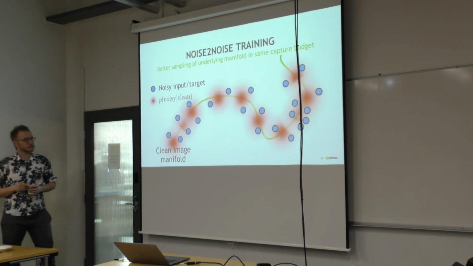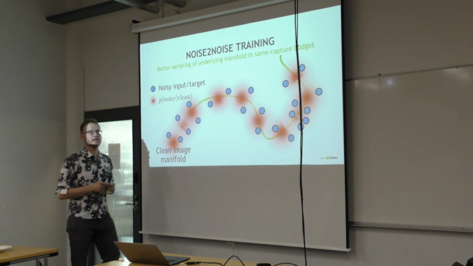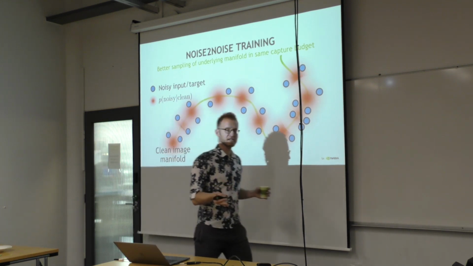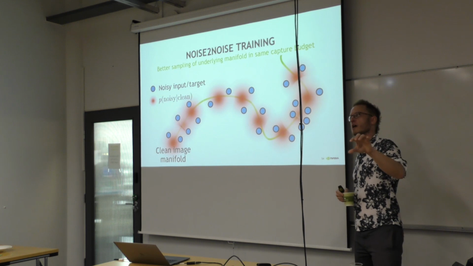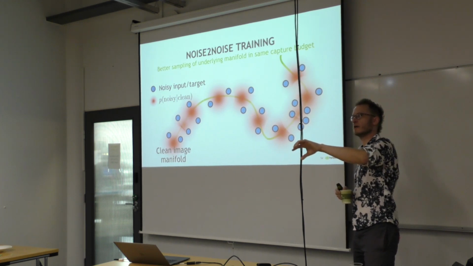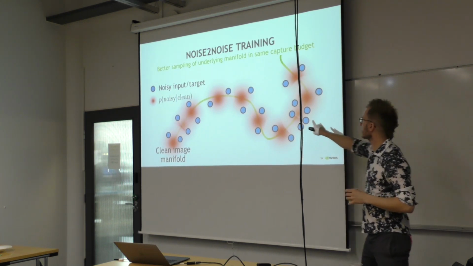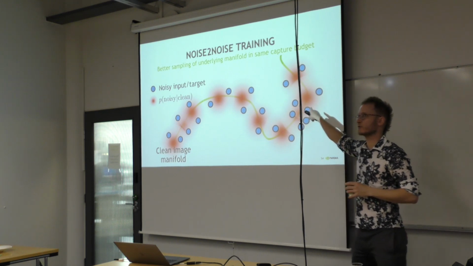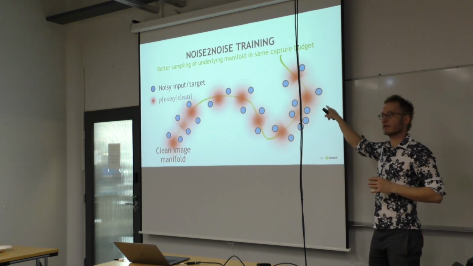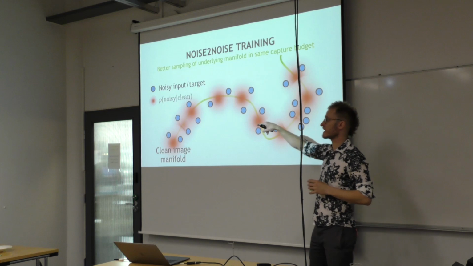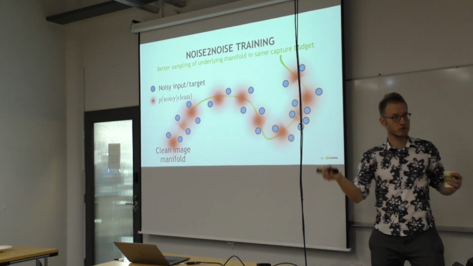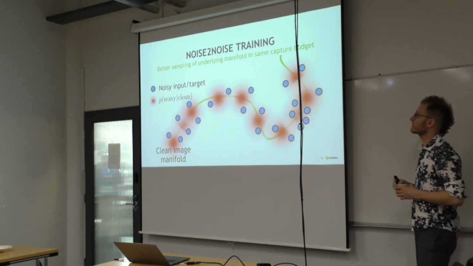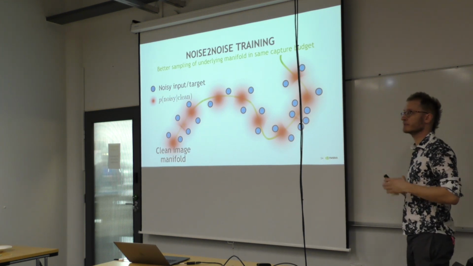It turns out that if instead you slice your capture budget in a way that you do more underlying clean latent images and only capture 2 cheap samples for each one of those, within that same capture budget you can clearly sample the underlying manifold of clean images, which you don't observe at this point, better.